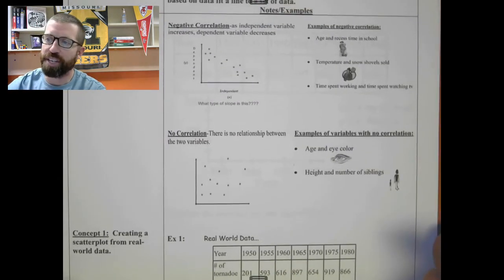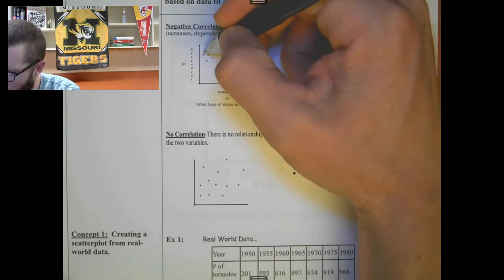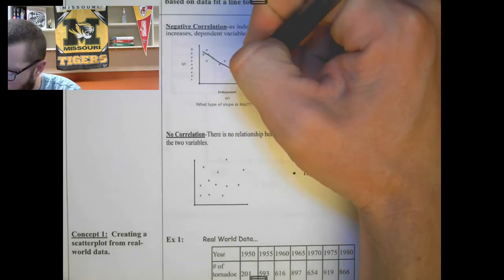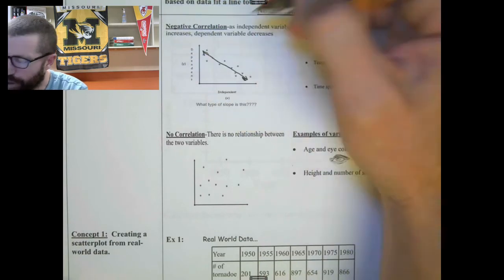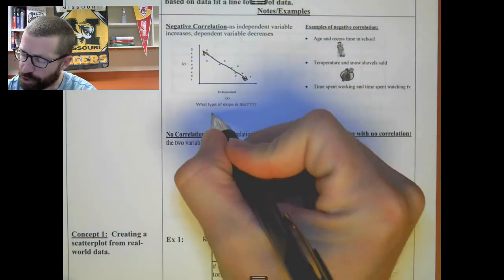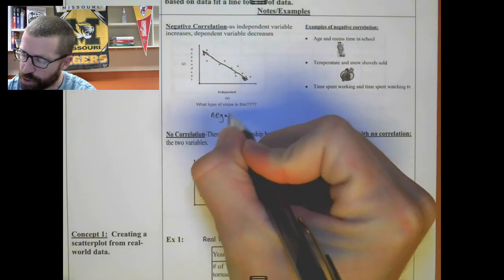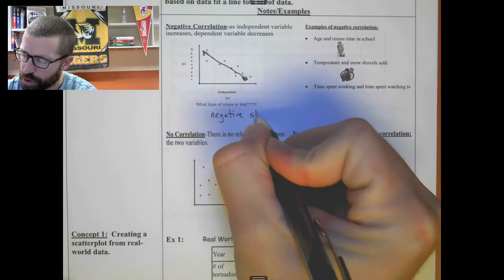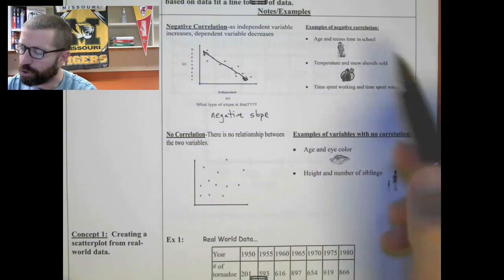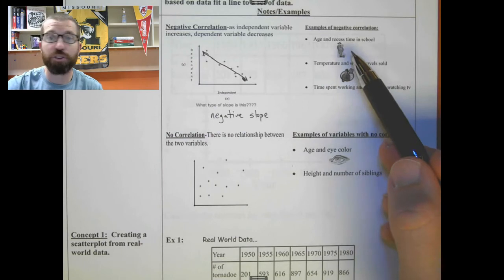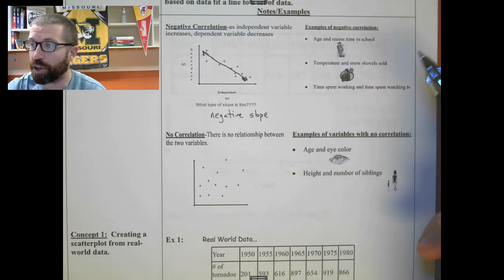Okay, if it goes down the other way, so if it's negative correlation, the line we draw through has a negative slope, or it's going down. Some examples: age and recess time at school, as you get older, your recess time goes down.